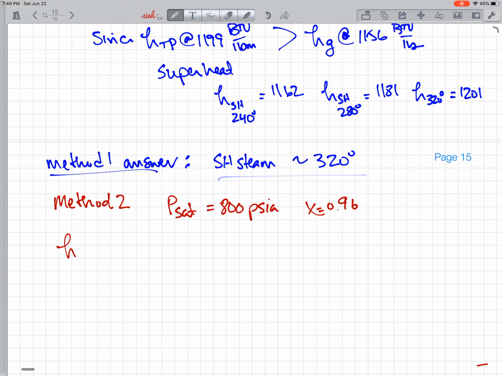So now we have to find the enthalpy at 800 pounds, 96%.